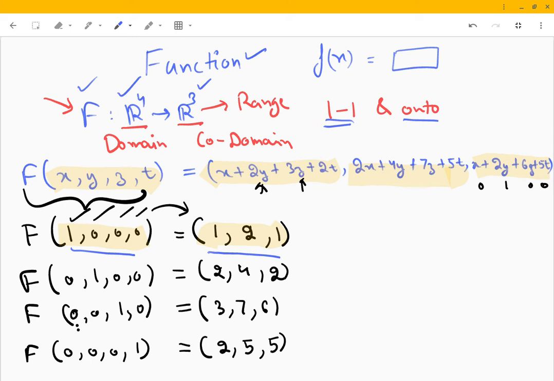Now I should try to be more structured. Anyway, so this is our transformation. Now I want to emphasize something.